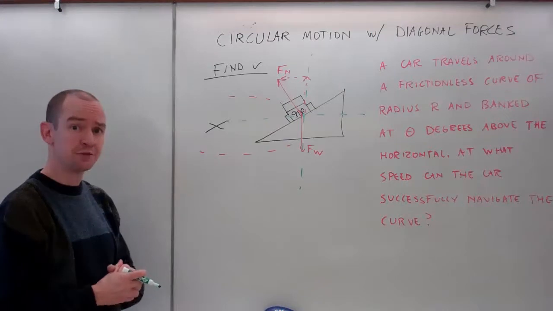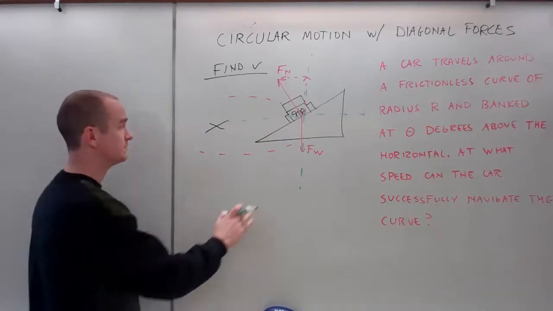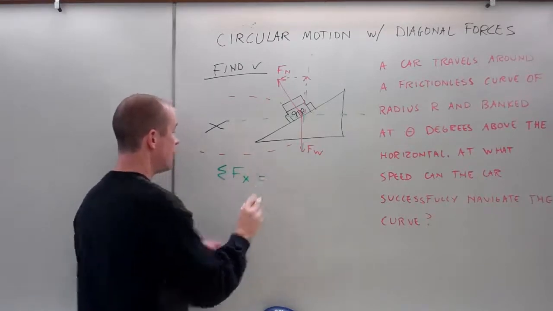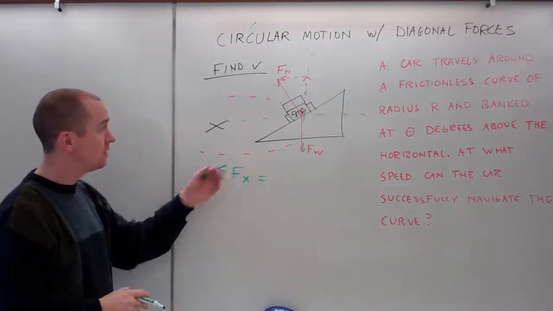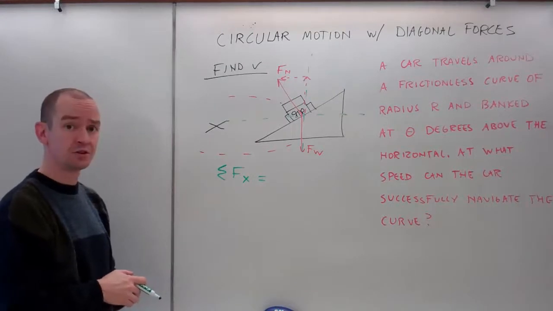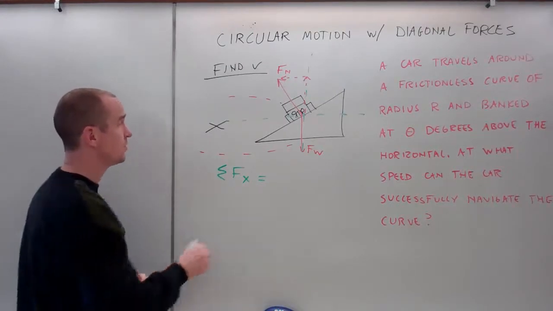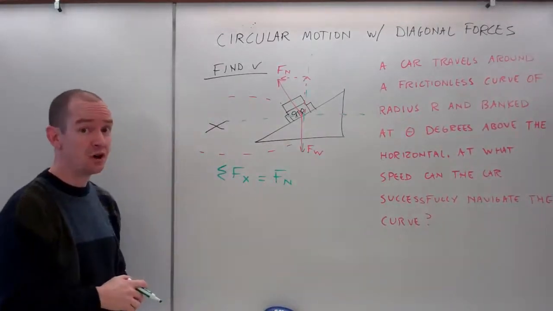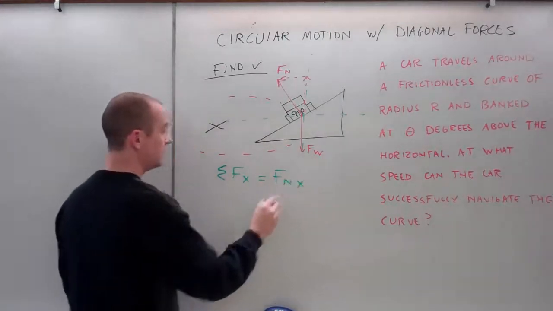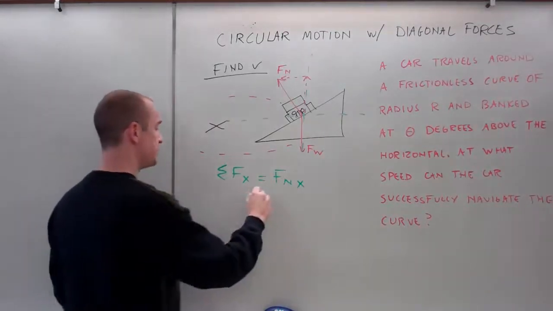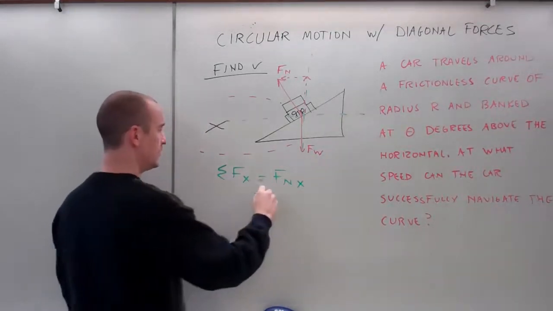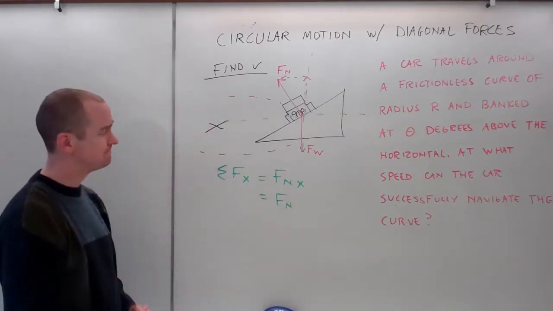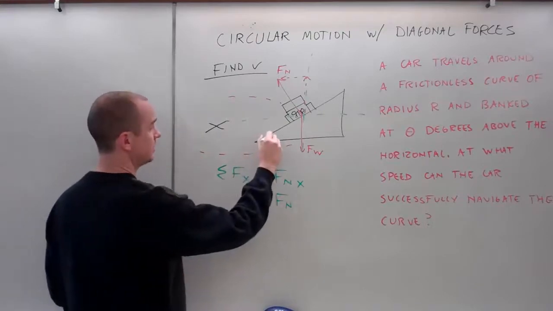Alright, let's continue. Well, I have my free body diagram. Now I should probably write a free body equation. So, I'm going to start with the forces in the x direction because my center of the circle is in the x direction. So, it looks like I have Fn, but not all of Fn. Only Fn in the x direction. Continuing to solve this, that would be Fn, and now is it sine or cosine? Well, let's do some trig.